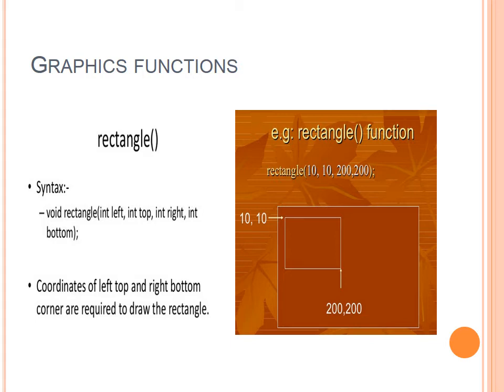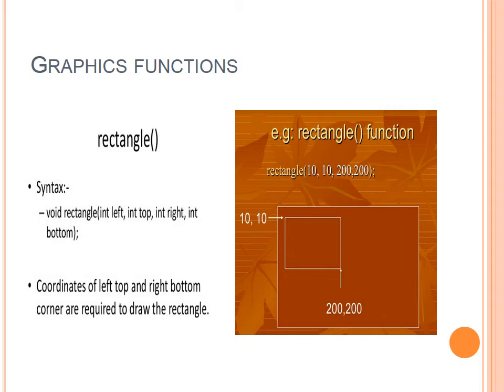Last one is the rectangle function. By using this function, we draw a rectangle, and the coordinates of the left top and right bottom are used for this rectangle. So the syntax is void rectangle(int left, int top, int right, int bottom); give the semicolon.